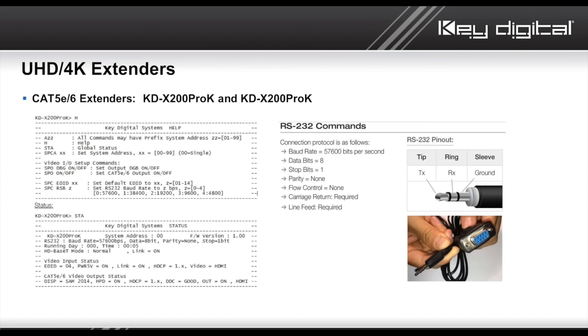What is the EDID of your system? How is the voltage link? That's your voltage connectivity with the display. The HDCP compliancy of your display. If you're trying to send 2.2 content to a 1.x display, you won't get a picture. We can tell you why. The video format, HDMI or DVI.